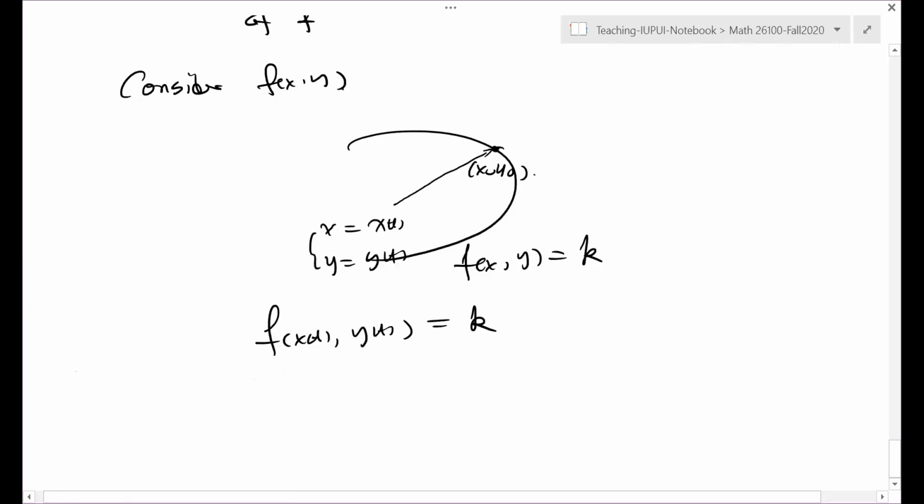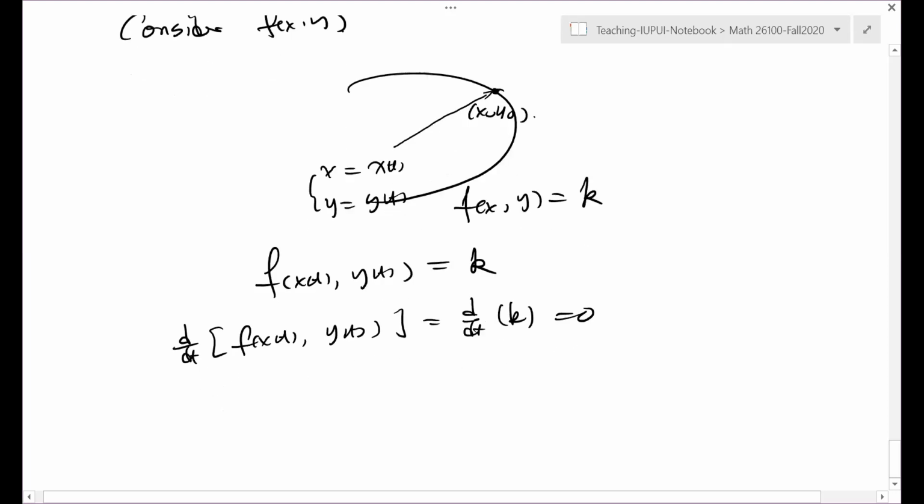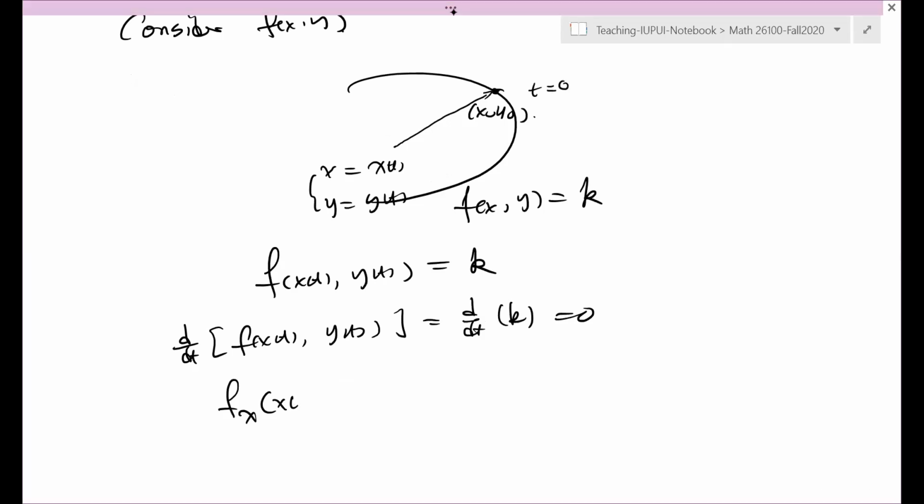Then I differentiate both sides with respect to t. The right hand side is 0. The left hand side, by the chain rule, at that particular point, t equals 0.